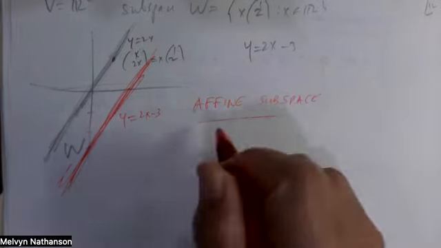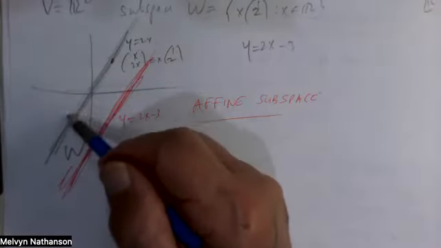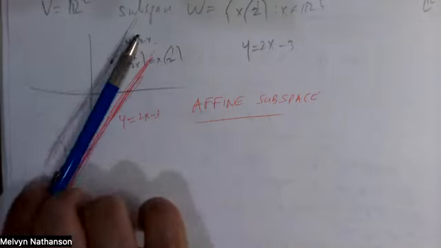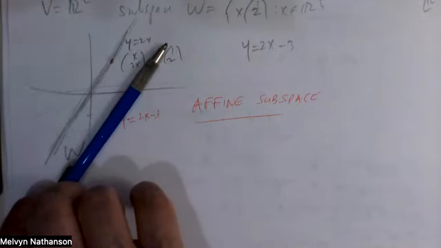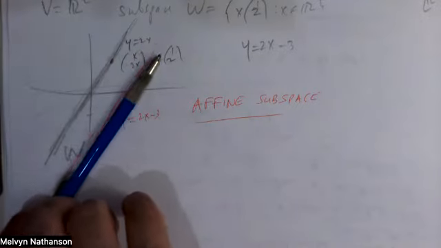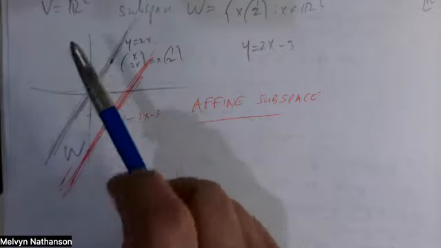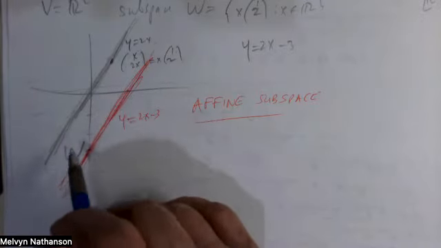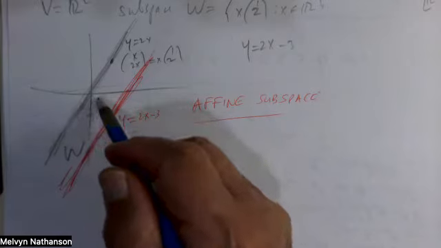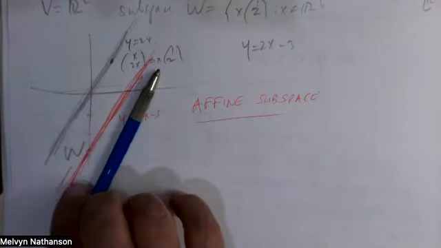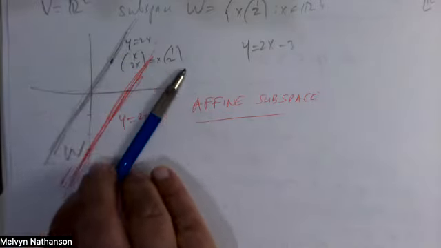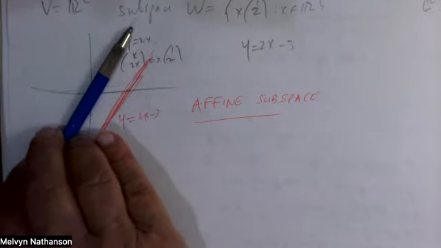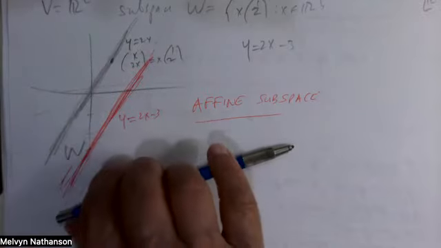The way you get an affine subspace is you take a subspace, in this case a line through the origin, and every line parallel to that, that means y equals 2x plus b, where b is the y-intercept. Every line parallel to this is what is called an affine subspace. So you have this whole family of affine subspaces parallel to this vector subspace.